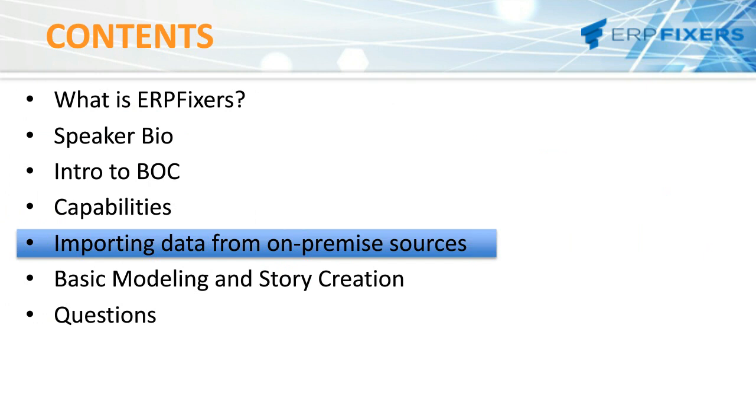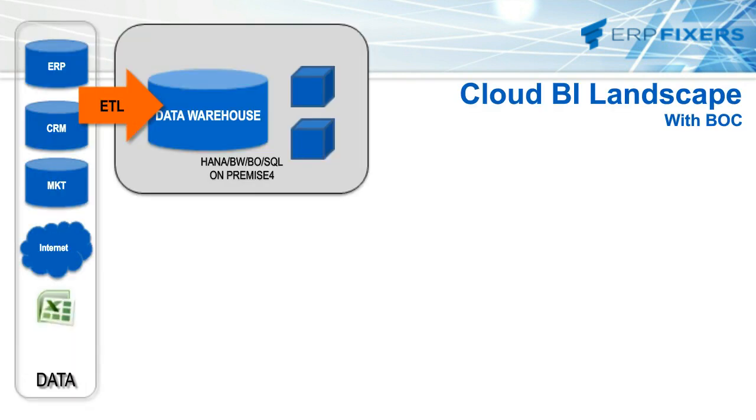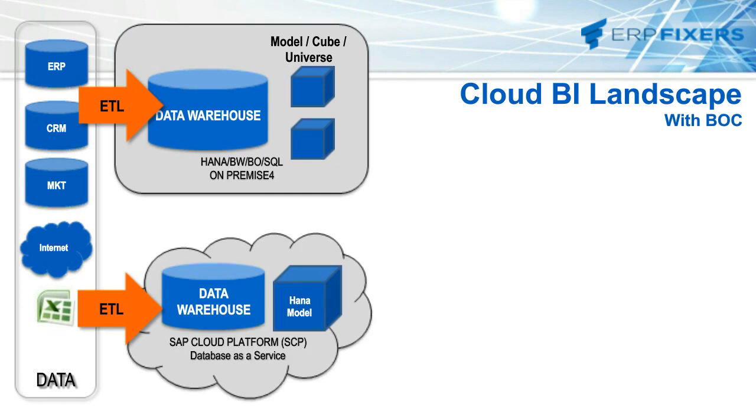So BOC can also import, as I was saying, data from on-premise sources. This is done via a component called the HANA Cloud Connector. HANA Cloud Connector is kind of like a proxy you install inside your firewall, and you configure it to access whatever information you have on site.